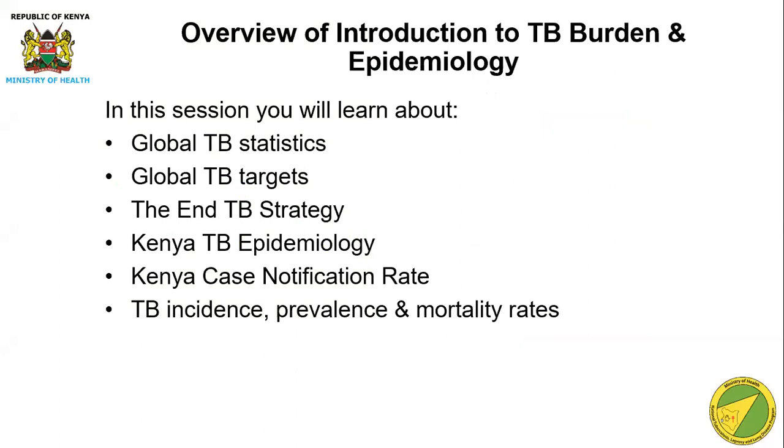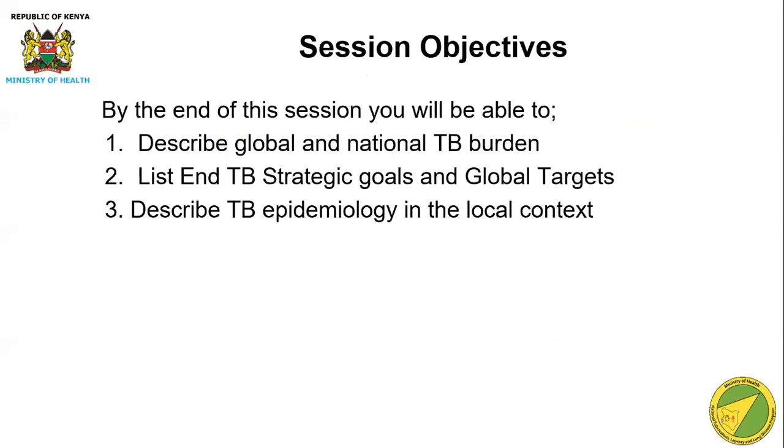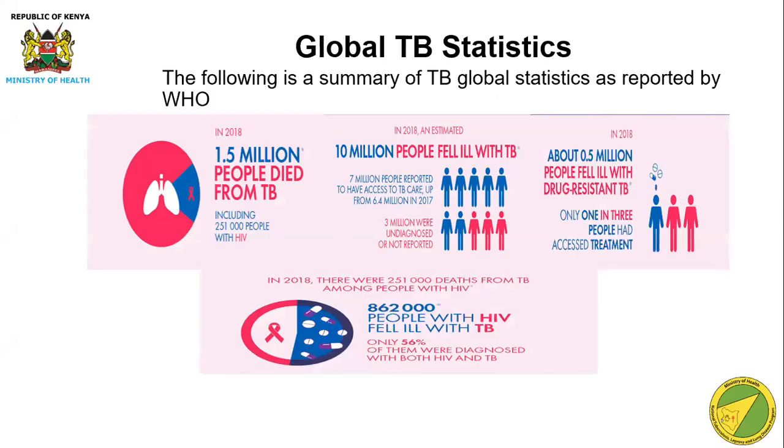We look at the Kenya TB epidemiology. We look at the case finding among the different population levels or strata. Then we'll look at the prevalence, incidence and mortality rates in Kenya. So this slide shows global TB statistics.